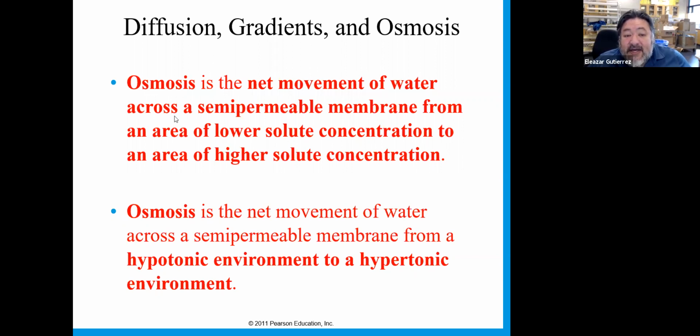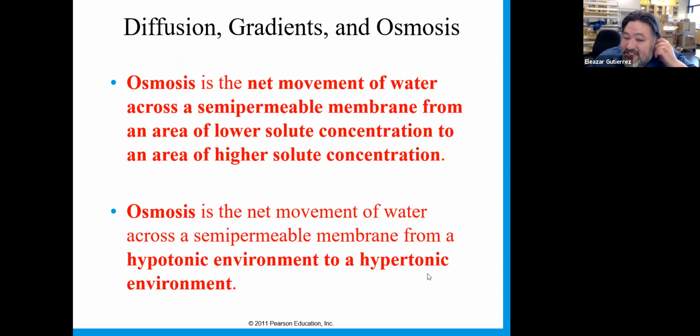But if I was to say what this slide says, across a semipermeable membrane from an area of low solute concentration, i.e. high water, to an area of high solute, i.e. low water concentration, it would also be correct. And in case you're not confused yet, you can also say it a third way: osmosis is a net movement of water across a semipermeable membrane from a hypotonic environment to a hypertonic environment.